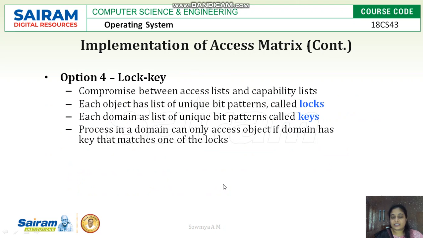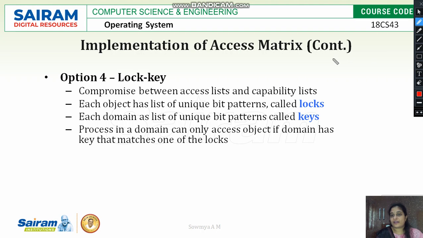Option 4 is similar to the capability list, which is the lock-key method. In the capability list it was directly telling what permission is given to which object, but here each object will have a unique bit pattern called a lock, and each domain will have a unique bit pattern called a key.